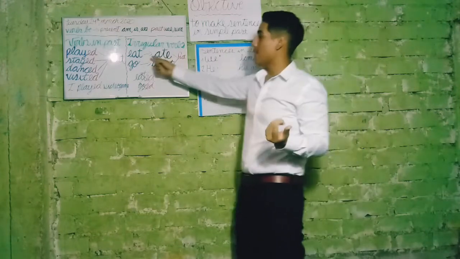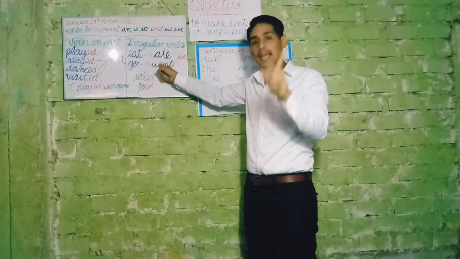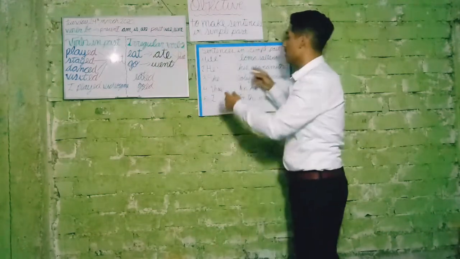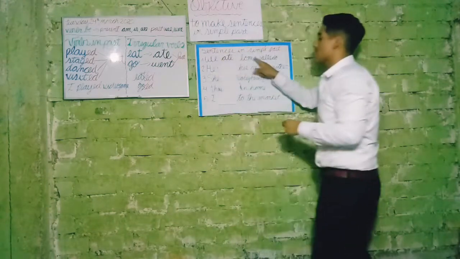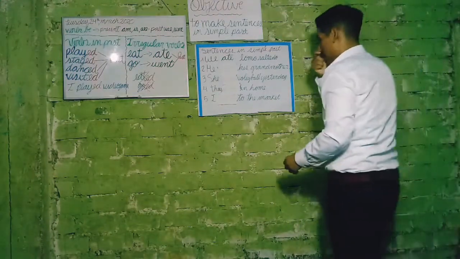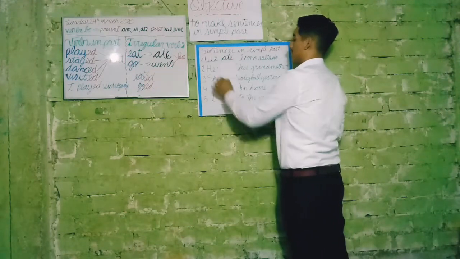So the past for eat is ate. Excellent. And that is irregular verb. So we ate lomo saltado. Very good. Okay. The next one. What is our subject? Is he.